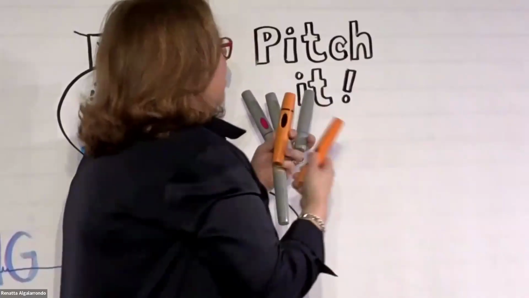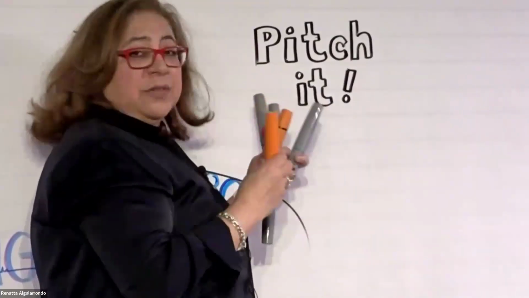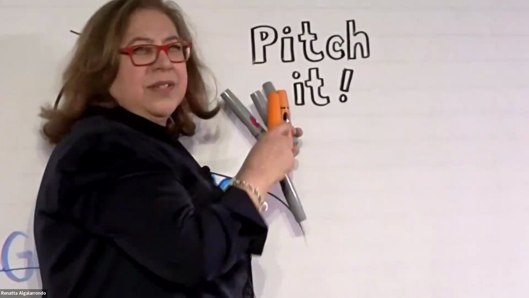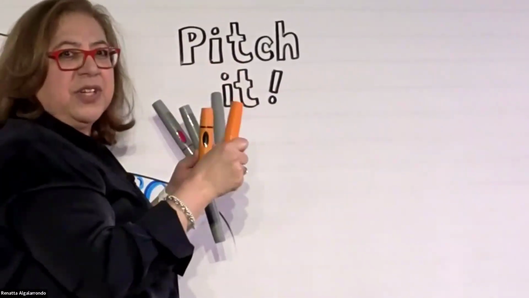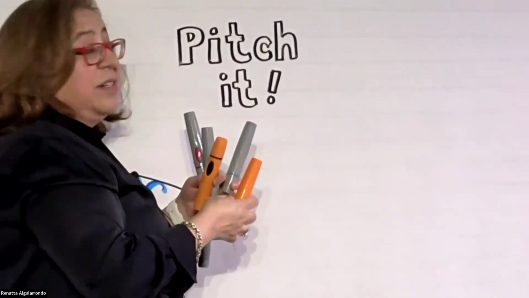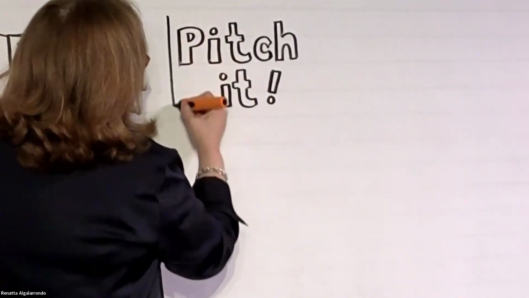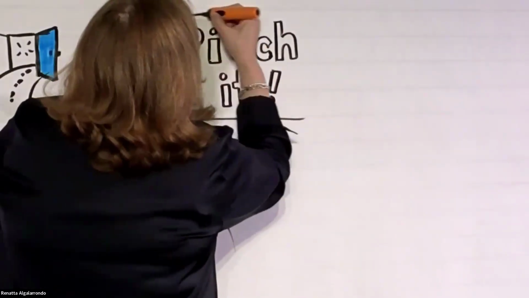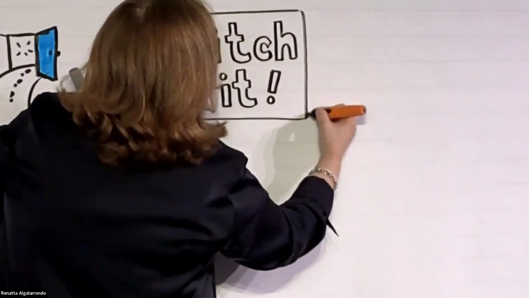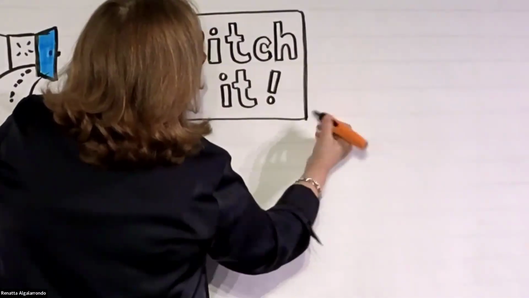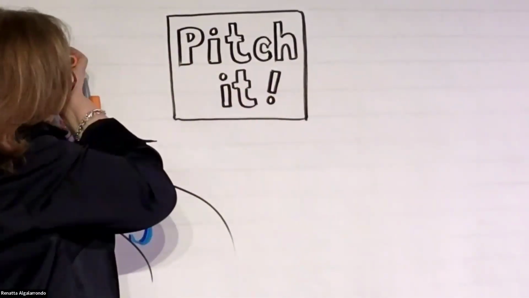So I got the idea of just pitch it. And I cleared it with the client first. I asked, can I do a sign that says pitch it? Do you think it's going to be nice? And she loved it. Then I went for it, right? So I did the sign, a poster board. It depends on the word they're going to write.